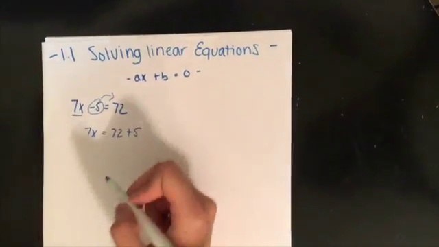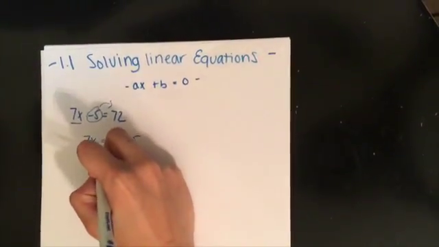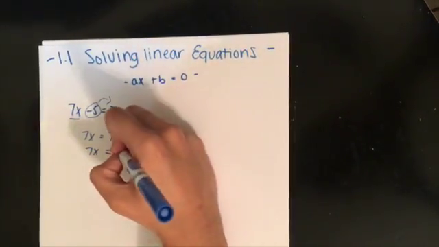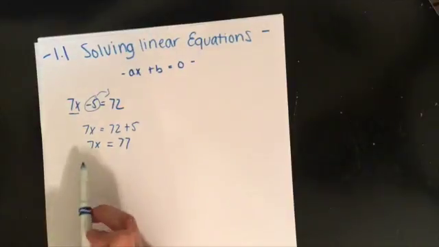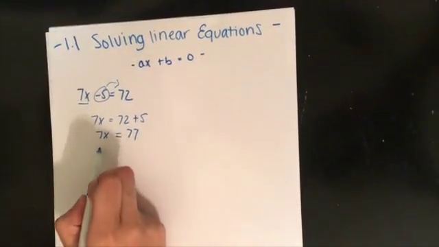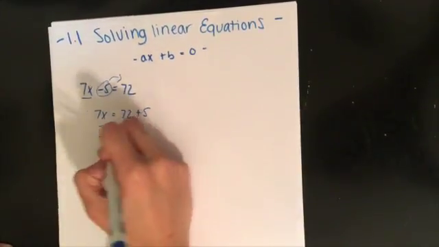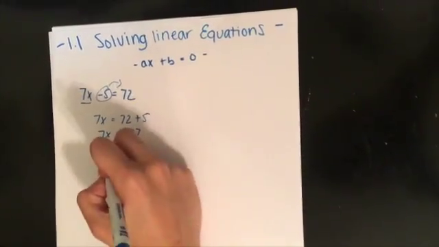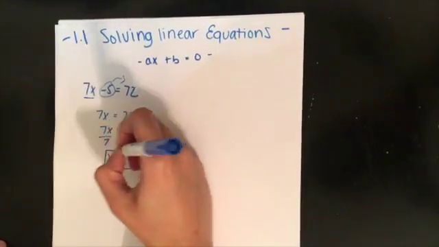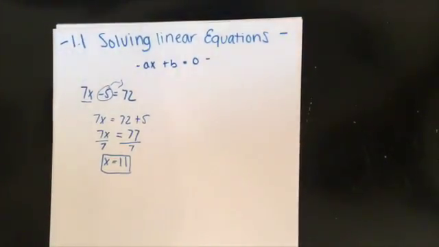Now the next step is to combine like terms, which will give you 7x is equal to 77. Now in order to get the x by itself, you have to undo the multiplication. So by doing so, you're going to divide by 7 on both sides. So you're left with x is equal to 11. And that's how you solve a linear equation.